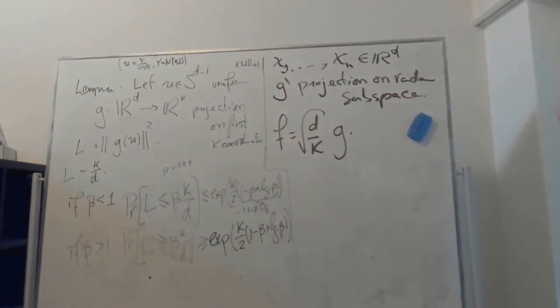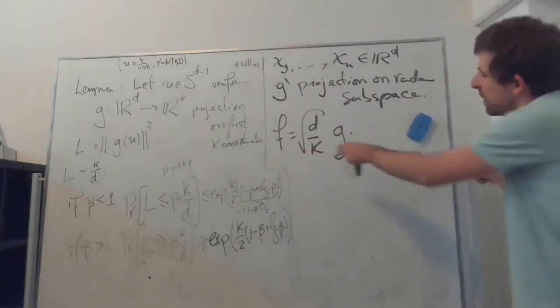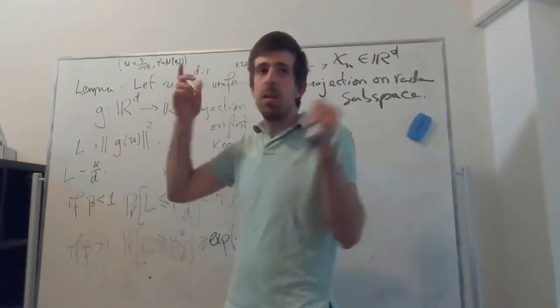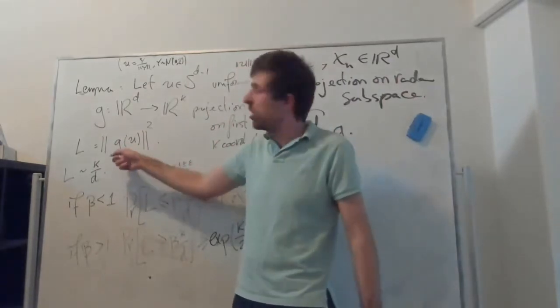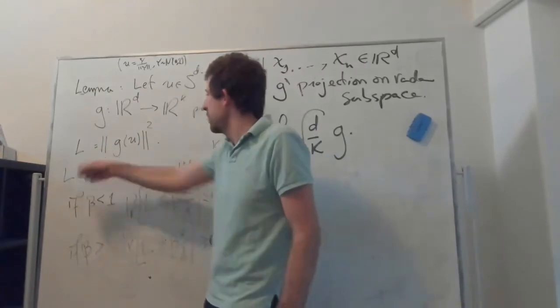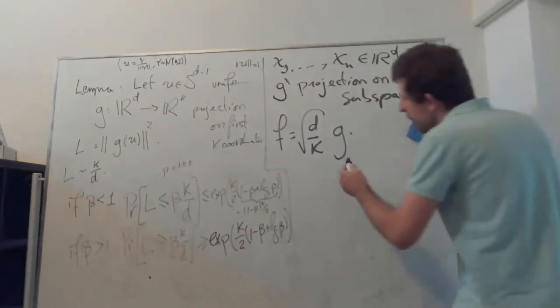I take G prime, a projection on a random subspace, and take my linear map to be a scaling of that G, because if the difference xi minus xj has norm 1, I want it to still have norm 1 after the projection. So I need to scale by the square root of d over k so that the square cancels this out.